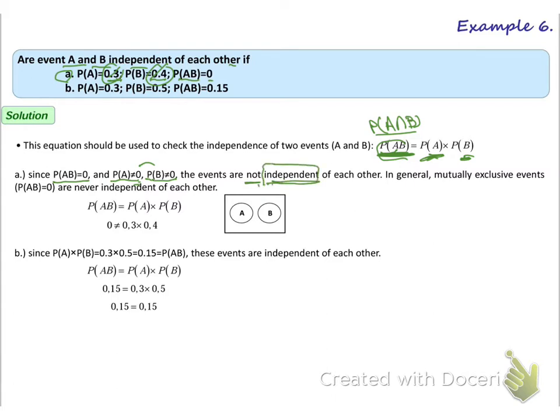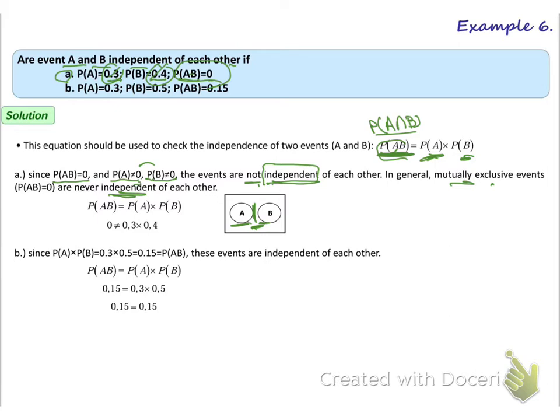In general, if they are mutually exclusive, there is no intersection, so it is 0. Mutually exclusive events are never independent of each other. They are not independent, because if tail comes on the coin, the head should not come, and the other way around.